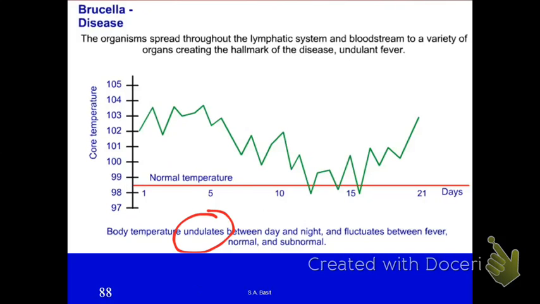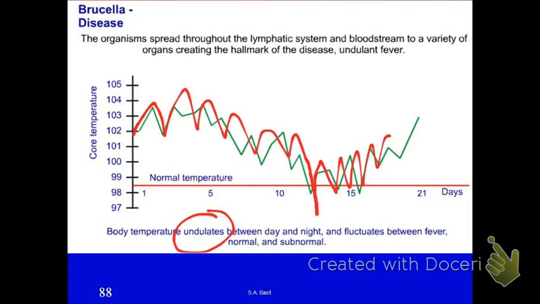So imagine this. Sometimes the temperature would be very high or even fall below normal, then rise back again within the day, or within the day and night. So in a matter of less than 24 hours, your temperature fluctuates. That's the reason why it's called undulant fever. Imagine, a temperature could even become subnormal.